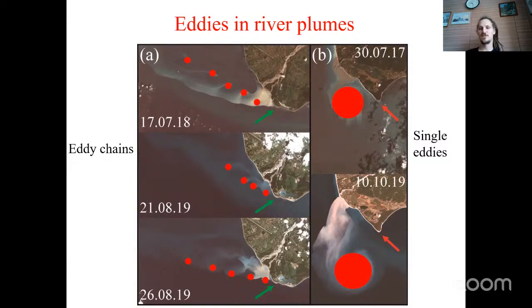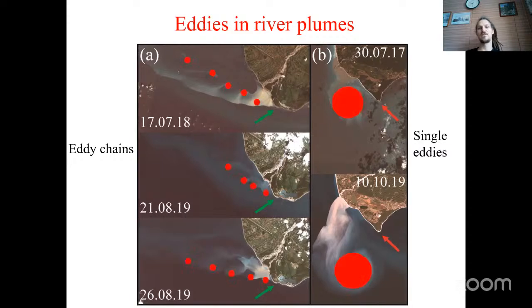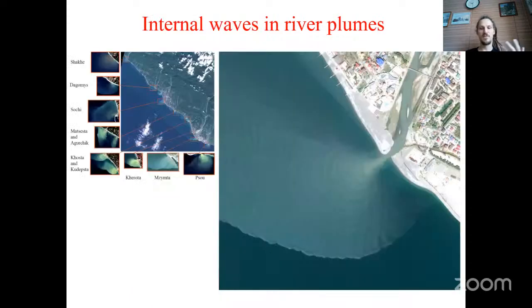And I just showed you two which are easy to observe because river plume is turbid and it has some specific shape when it interacts with eddies, and it has some specific manifestations of internal waves which increase its mixing with seawater.